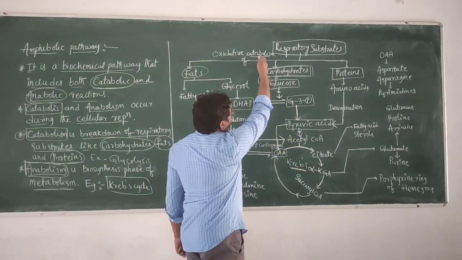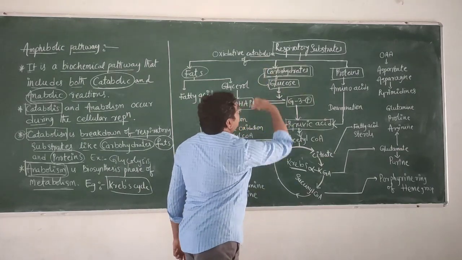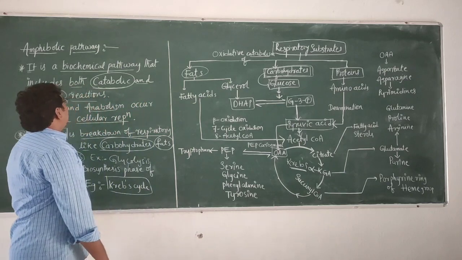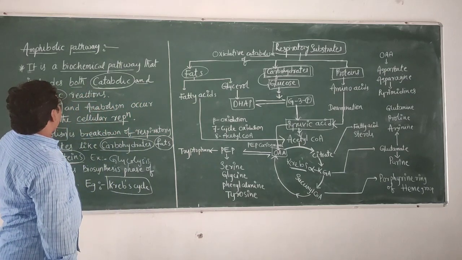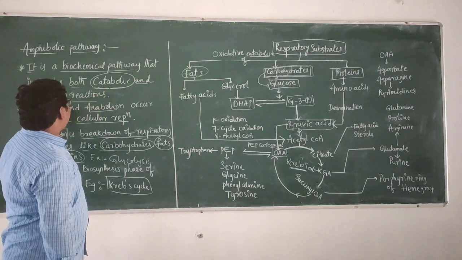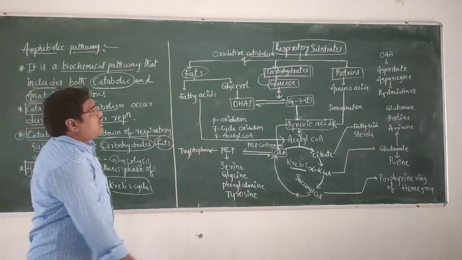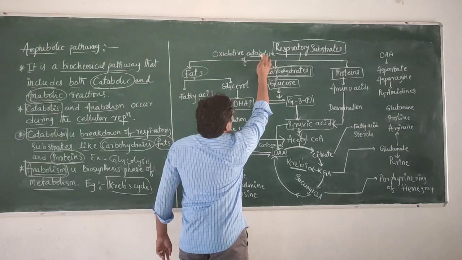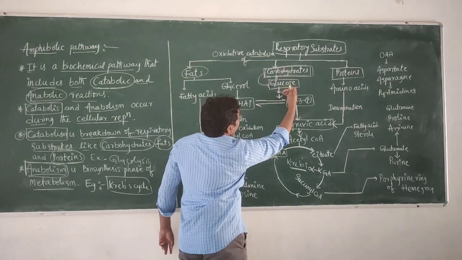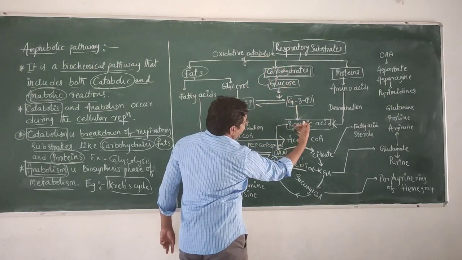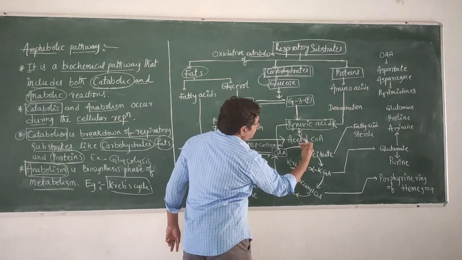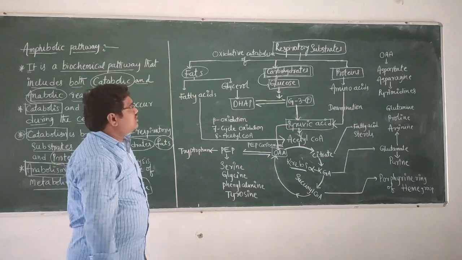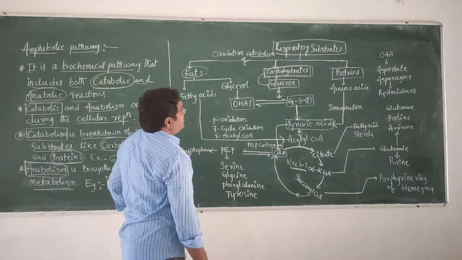So this is the complete oxidation of carbohydrates. The amphibolic pathway includes catabolic and anabolic reactions. Here, in the oxidative catabolism of carbohydrates, pyruvic acid forms acetyl-CoA, which enters the Krebs cycle. This is carbohydrate catabolism.